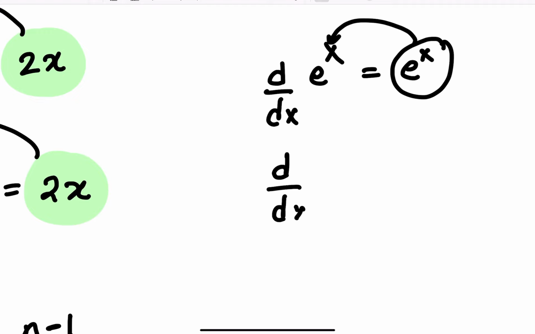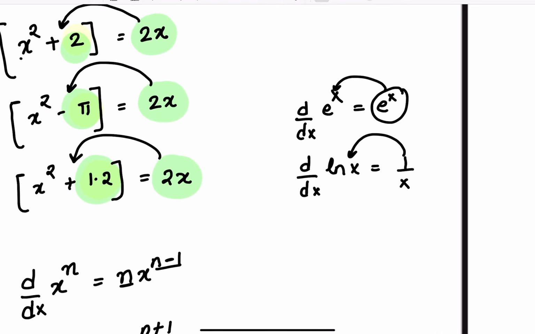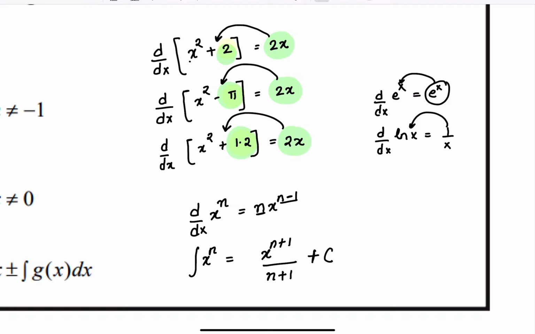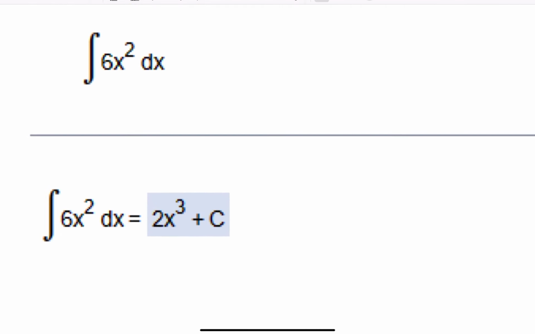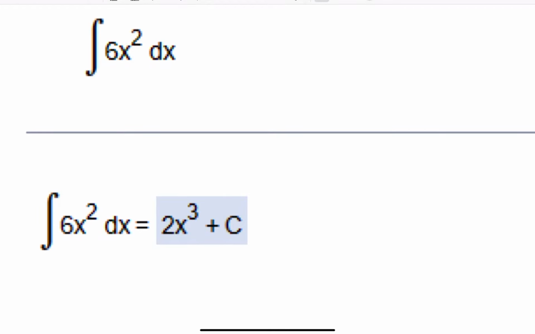D by dx of ln x is 1 over x, so the integral of 1 over x is ln x plus c. So they're the inverse or the opposites. Now that we know, let's go ahead and look at this function.